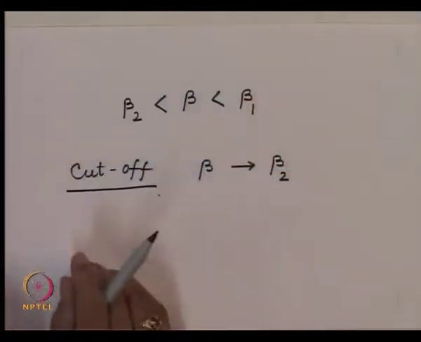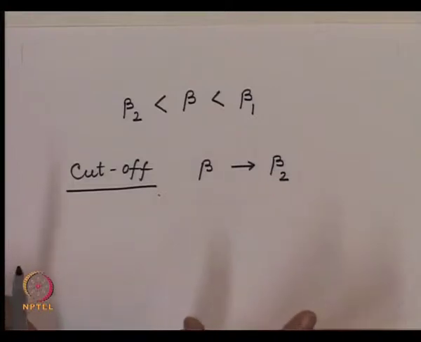So we have to create a situation, we have to operate in a domain where beta should be as close to beta 1 as possible and away from beta 2 as possible. This condition is what is called the cutoff condition, at which the mode propagation essentially ceases, or the mode starts leaking out into the cladding.